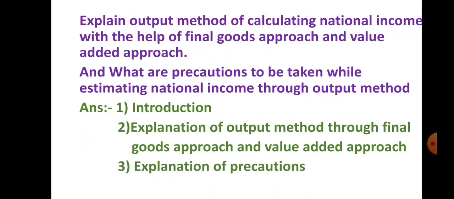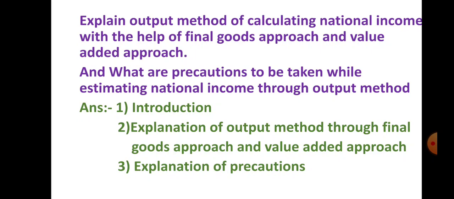Let us see the next question, that is an essay type question for 8 marks. Let us see the question and what points should come in your answer. Explain output method of calculating national income with the help of final good approach and value added approach, and what are precautions to be taken while estimating national income through output method. Let us see the answer. What points should come in your answer? Number 1, introduction point.